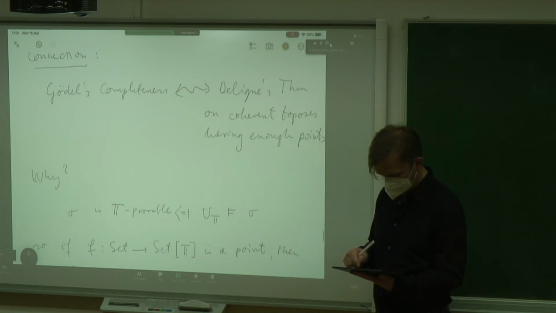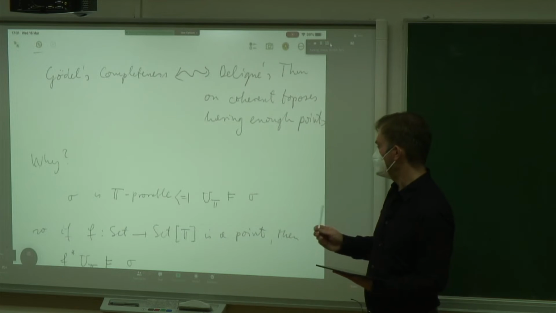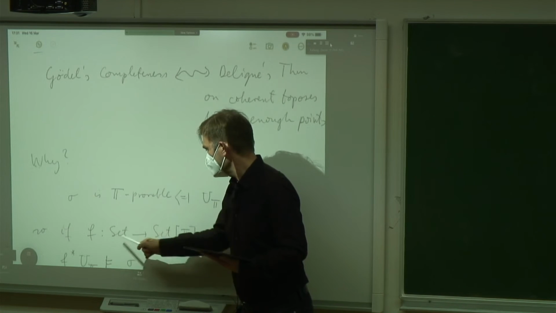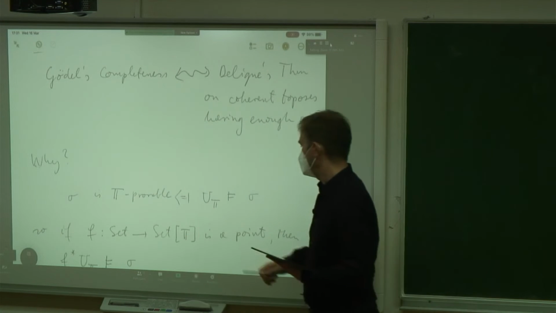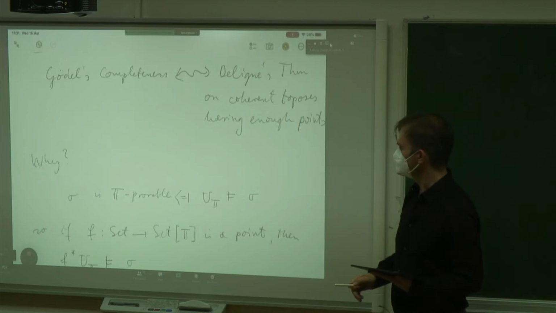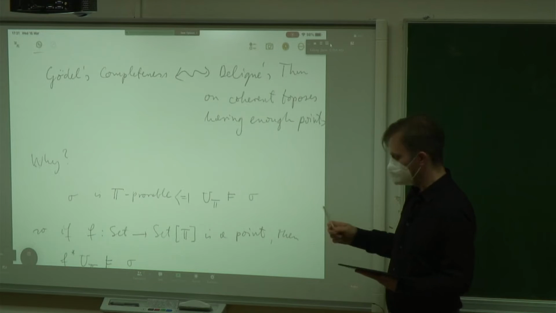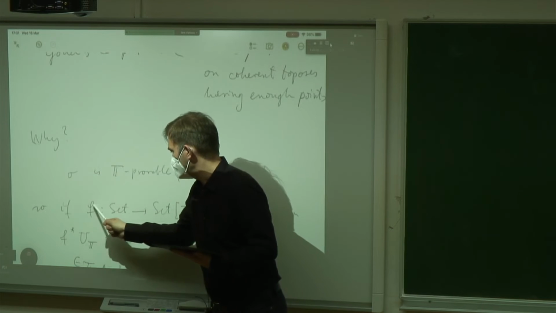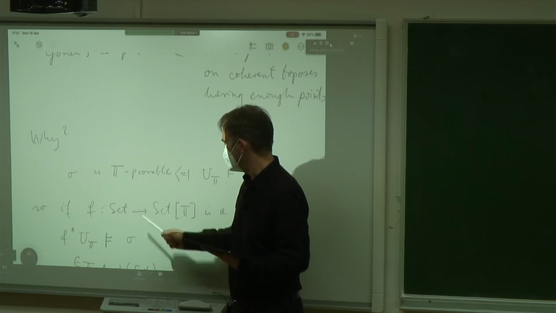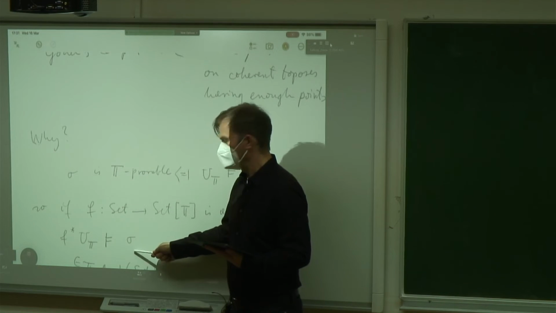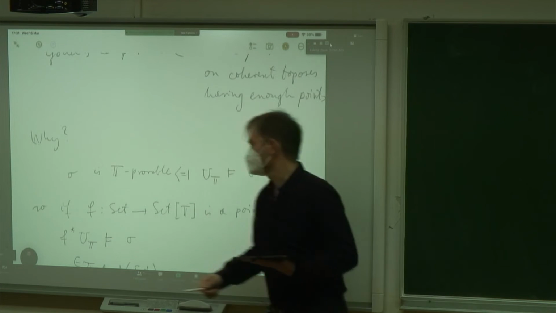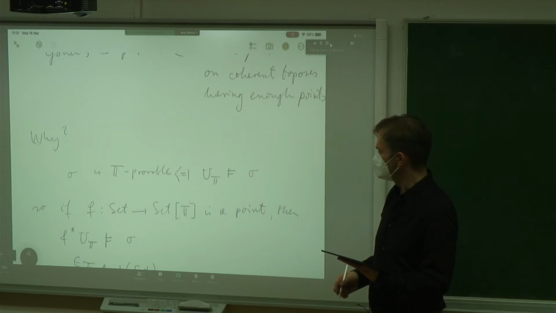Well, sigma is T provable if and only if the universal model satisfies it. So if you have a point, so we said a point is a geometric morphism from set to the classifying topos, then pulling back a model along the inverse image map of the geometric morphism is also satisfied. It preserves provability.